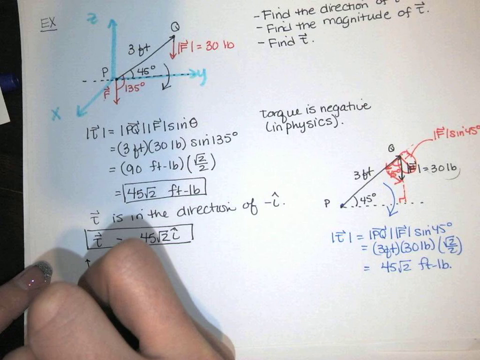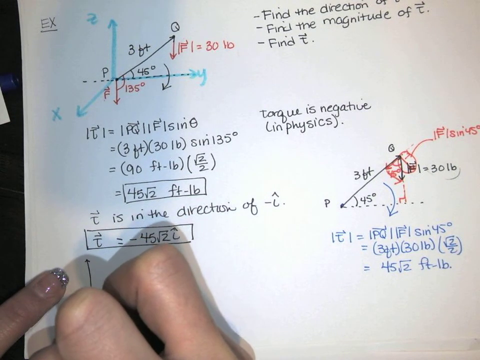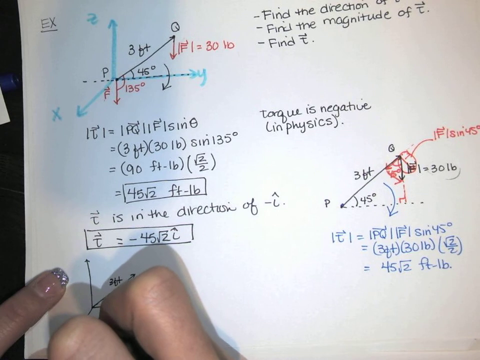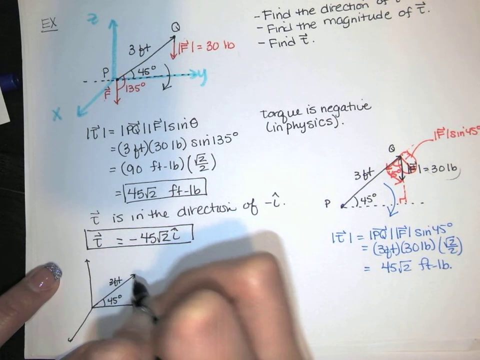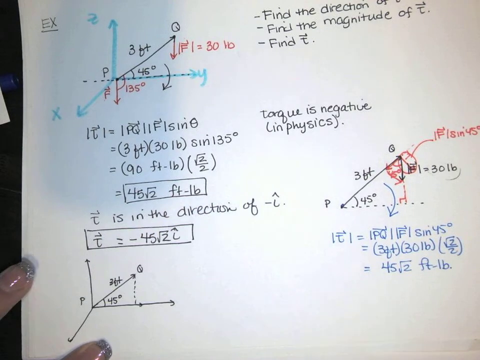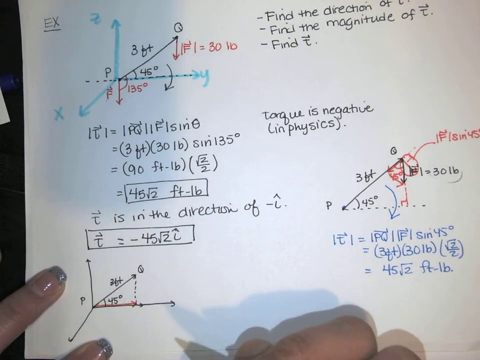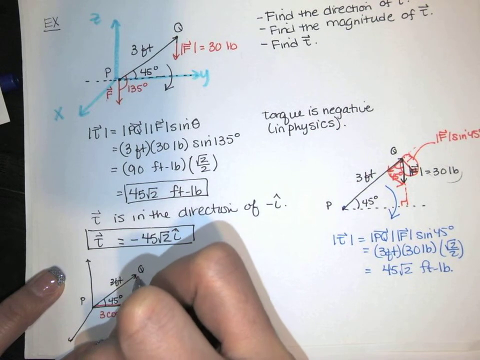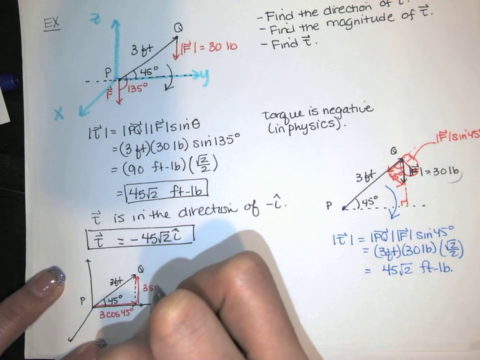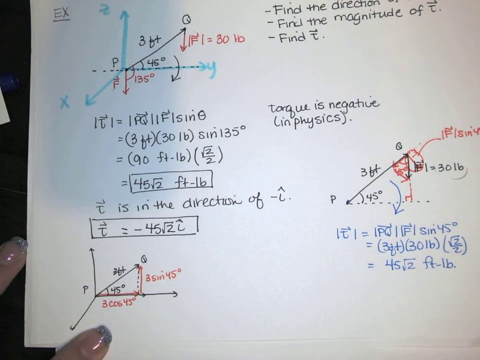So I've got this vector PQ. It's 3 feet long, and it's making this angle of 45 degrees with the positive y-axis. Well, do you see that the y component of that is just 3 times cosine of 45? And the z component is 3 times sine of 45, just using right triangle trig? I hope you do.